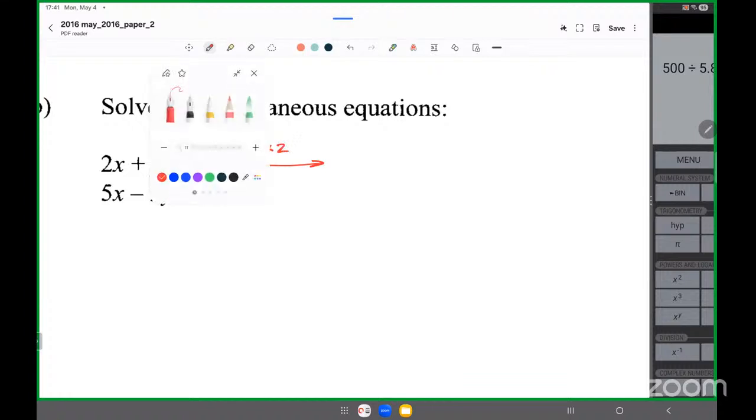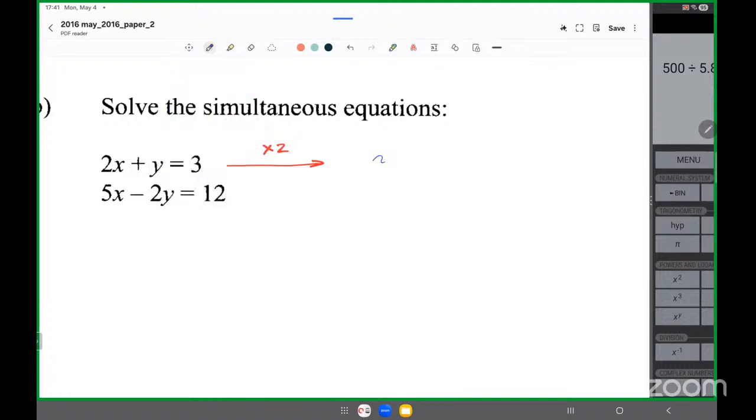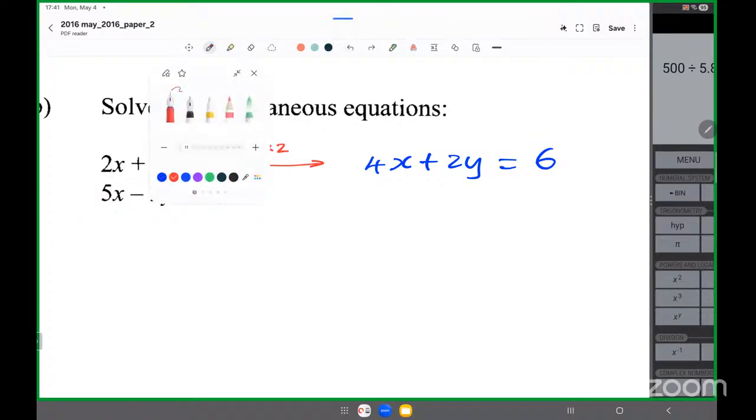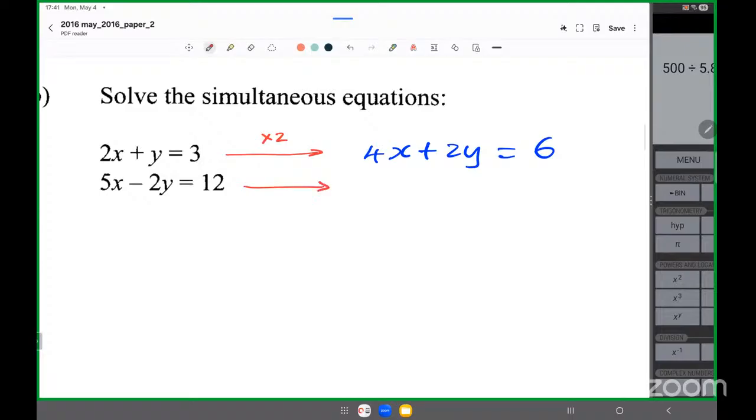When I multiply that first equation by 2, it becomes 4x plus 2y equals 6. This equation, I'm not changing anything on it. I'm leaving it as it is and putting it back as 5x minus 2y equals 12.